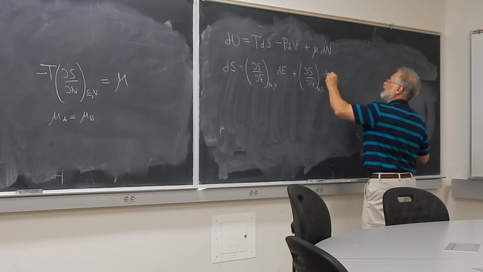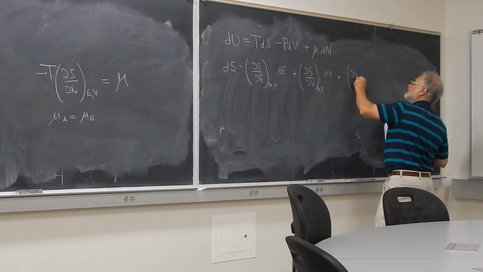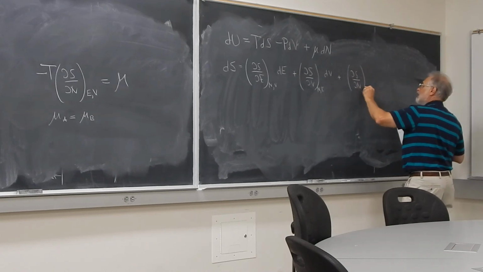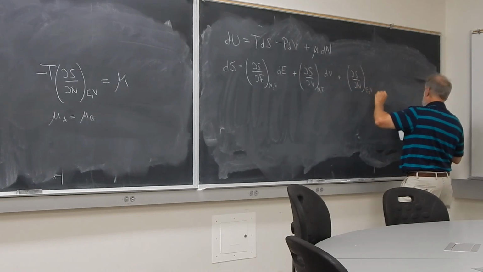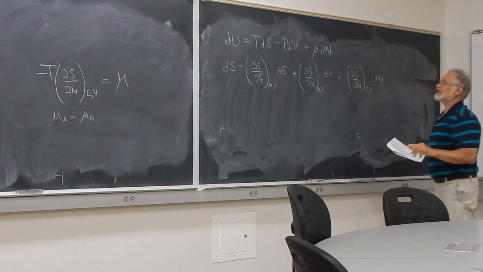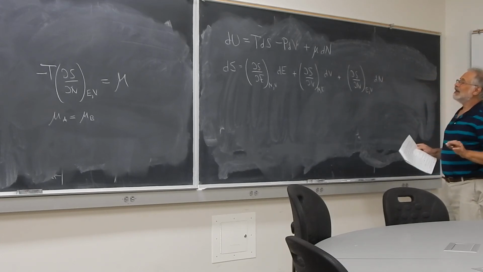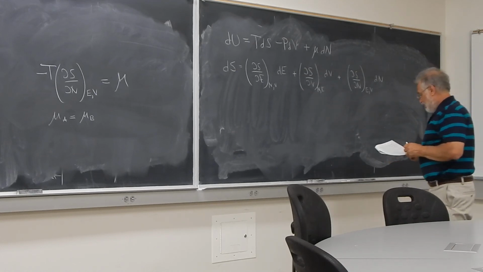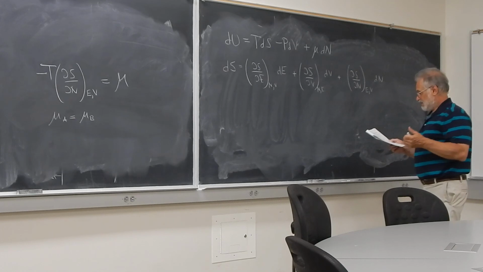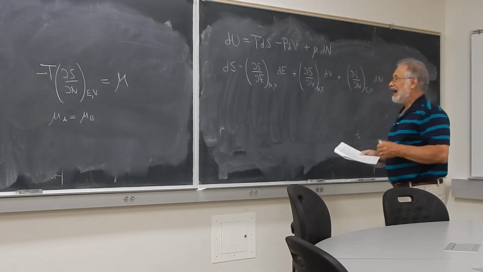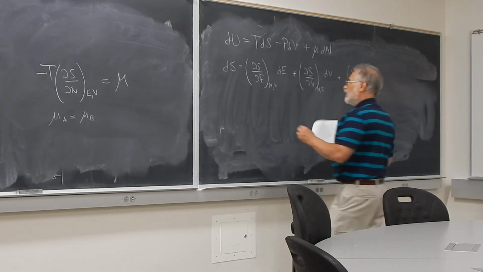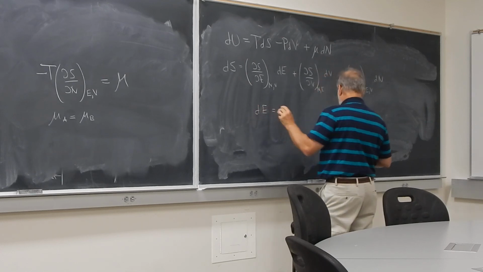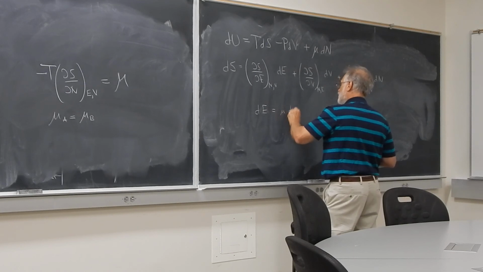And then times dV plus dS/dN at constant energy and constant volume times dN. So this is a generalized statement of the general thermodynamic identity. So in a process where entropy and volume are fixed, we can say that the energy dE is mu dN.